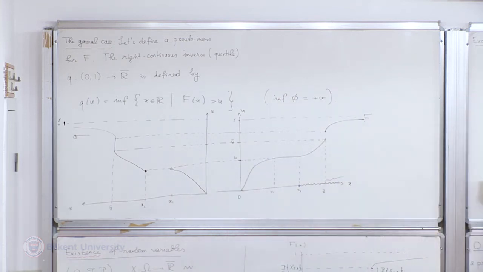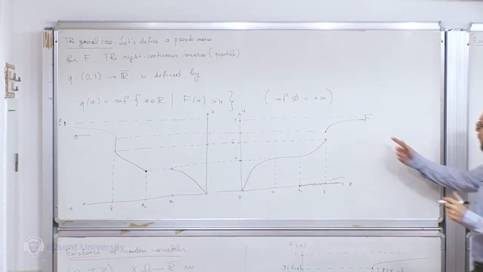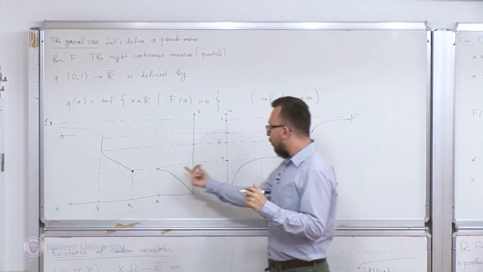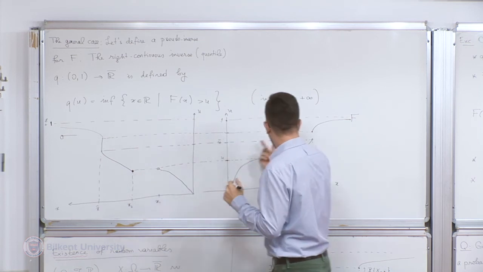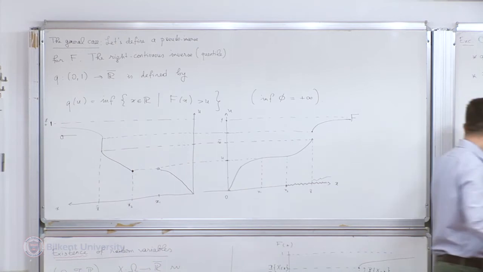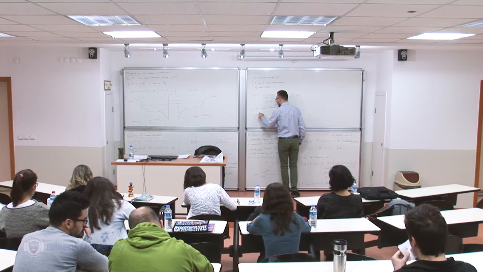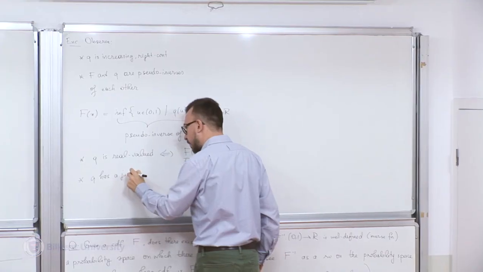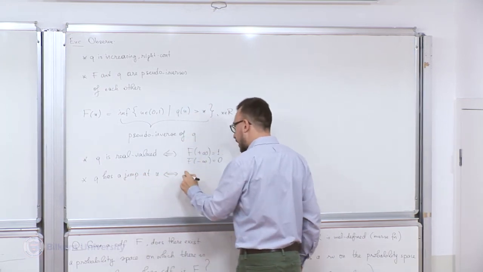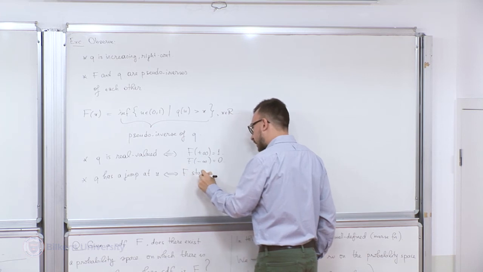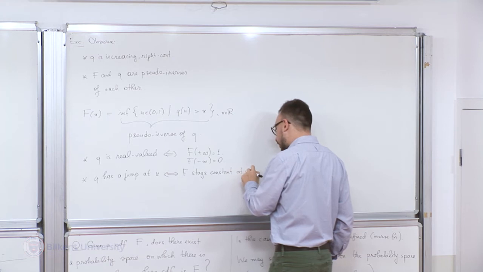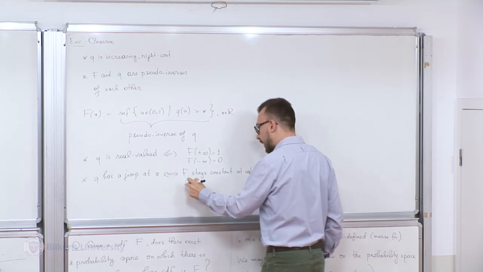And let's also state our observation about the relationship between F and Q. So whenever F stays constant, Q makes a jump there. And whenever F has a jump, Q stays constant there. Okay? So Q has a jump at u if and only if F stays constant at value u for a while.